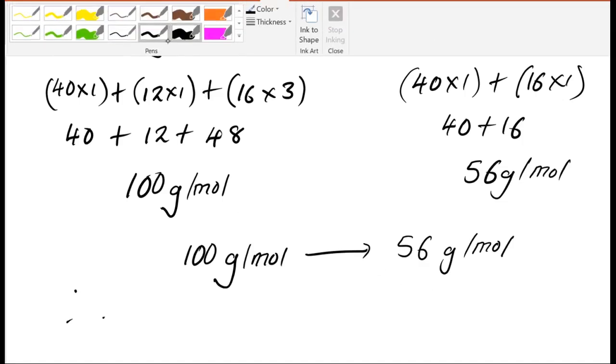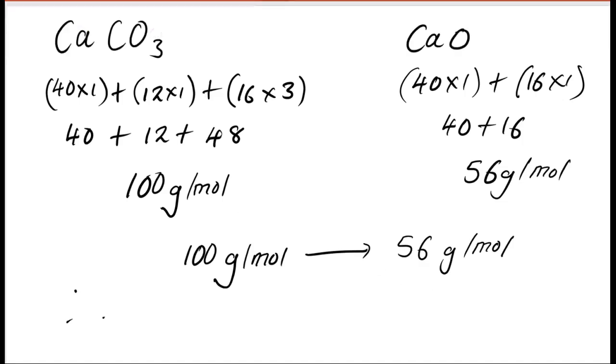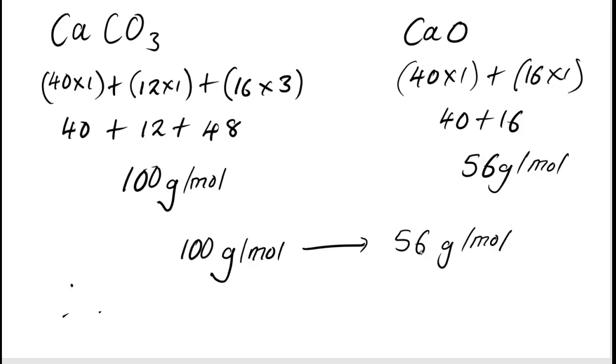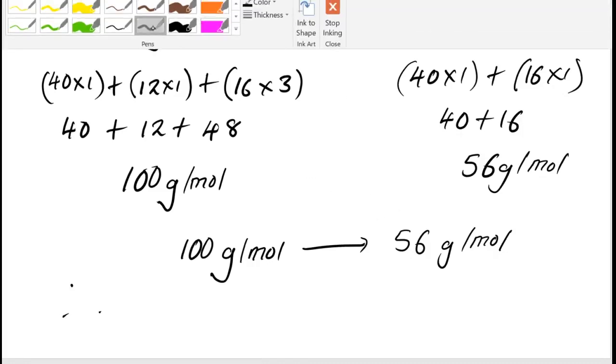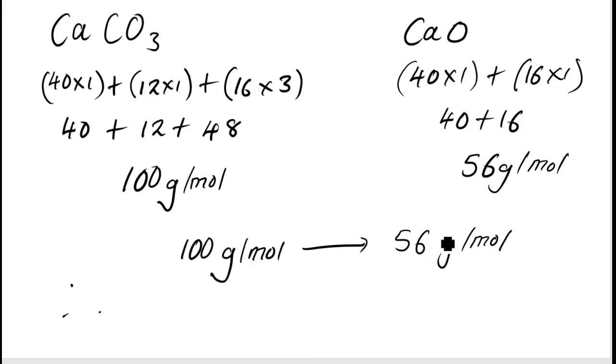Okay, so the mass of calcium oxide or lime in the question is 11.2. That was the mass of calcium oxide that was produced. Now, what mass of calcium carbonate or limestone produced this mass? You therefore cross multiply. So you say x times 56.